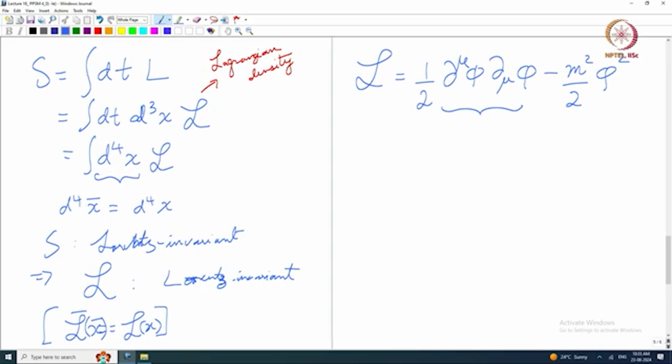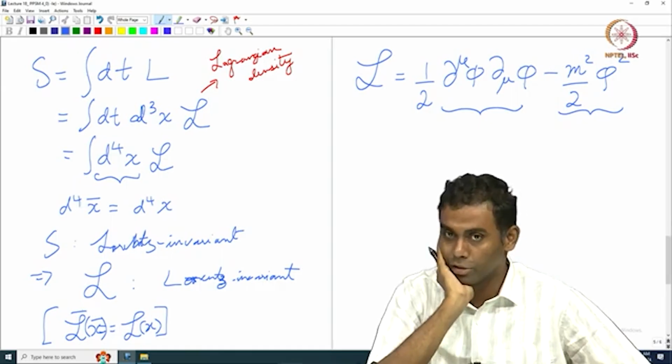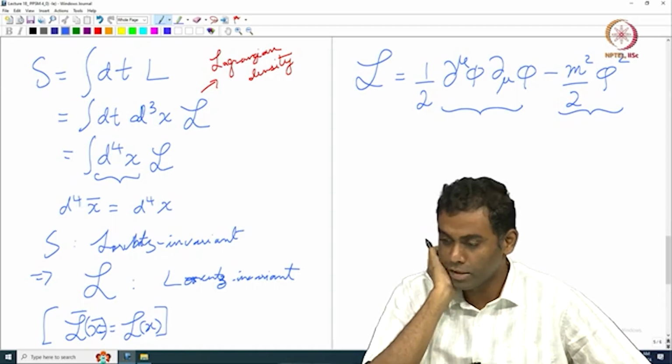Explicitly this entire combination is a Lorentz scalar. Similarly, this is even more explicitly a Lorentz invariant term, right? So we know that phi is a scalar field already. So any power of phi should also be a Lorentz scalar. M square is again clearly Lorentz invariant, it's an invariant mass. So this qualifies as a candidate as far as Lorentz invariant combinations go, right?